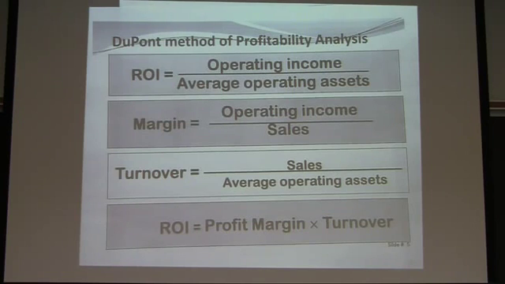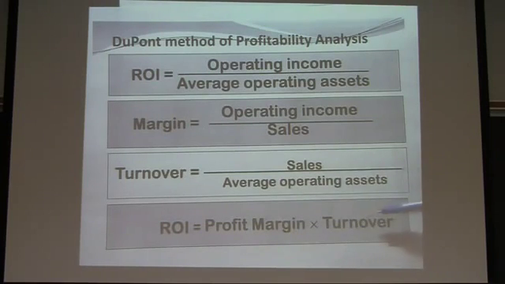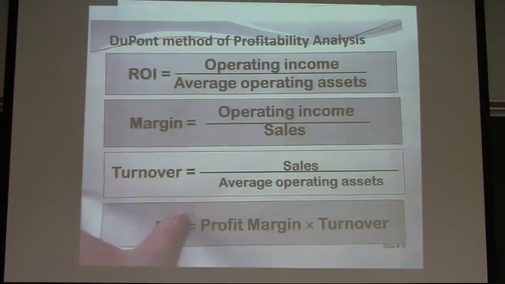The more sales we bring in and the less cost it takes us to bring it in is what profit margins measure. Turnover is again measuring the effectiveness of how much our assets are generating revenues, generating sales. So that's what a turnover is, really the effectiveness of how we're utilizing the total asset to generate sales. So the formula is sales divided by operating asset. So that's called the ROI analysis.